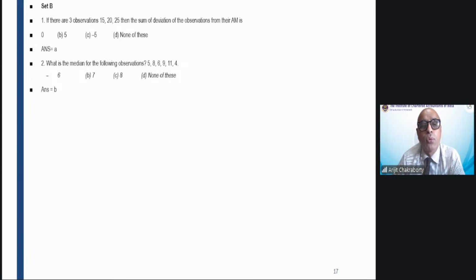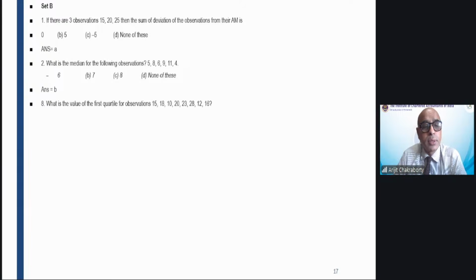If you arrange them in ascending order, you get 4, 5, 6, 8, 9 and 11. So n equal to 6, that means n is even. So we apply the corresponding formula for finding median when the total number of observations is even, and consequently you will arrive at the value 7, option B.